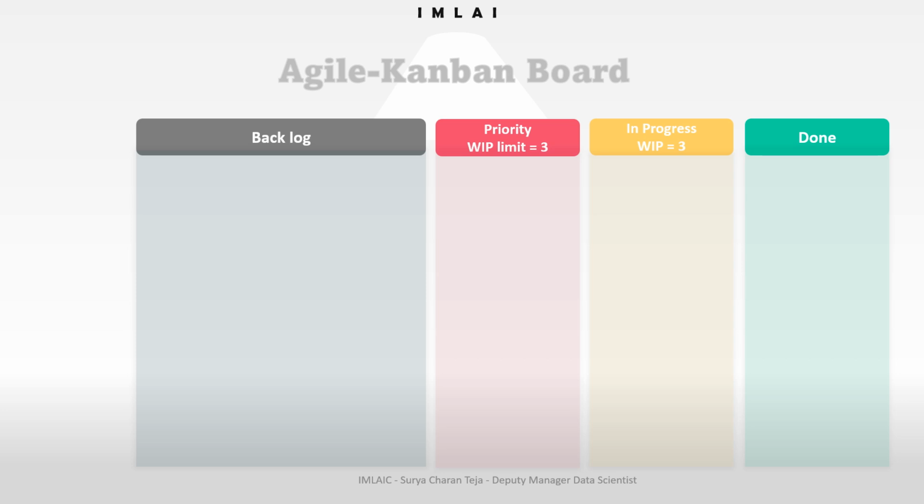So, why has the agile Kanban board come into the picture? It has come into the picture because of the pitfalls of the Scrum framework. That is the reason some people started exploring other frameworks which can be connected with our agile methodology and used as a visualizer.